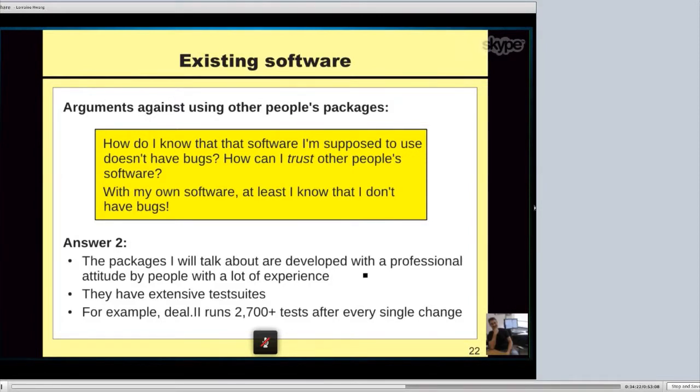So I want to claim that most of the packages that I'm going to introduce later have far fewer bugs than the code any one of us would write by ourselves. The argument that you can't trust what other people have done might be true for any random code that you download from the internet, but I don't think it's true for the high-quality software packages that exist in scientific computing today.